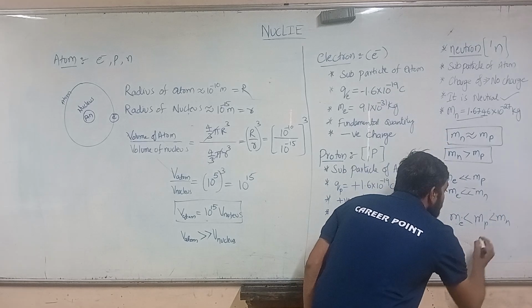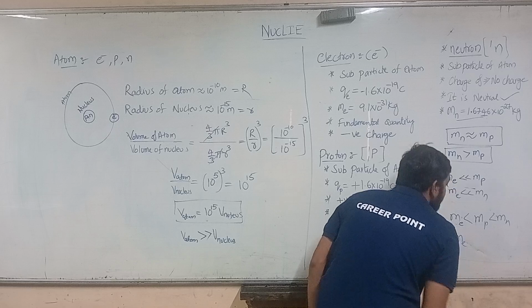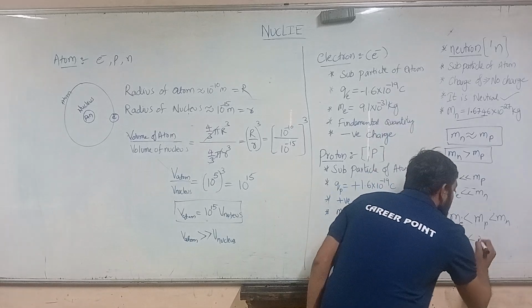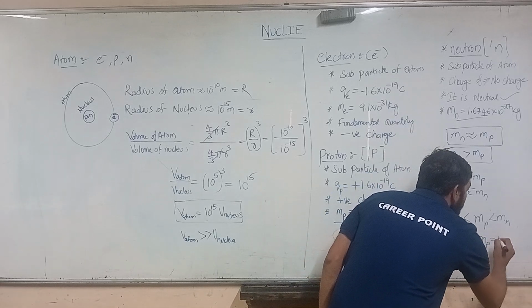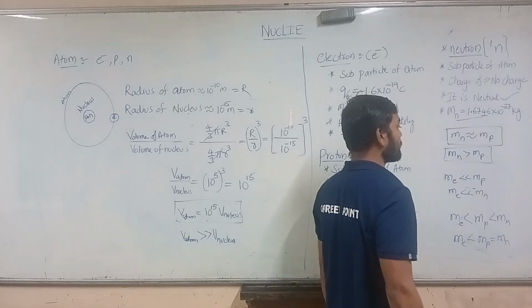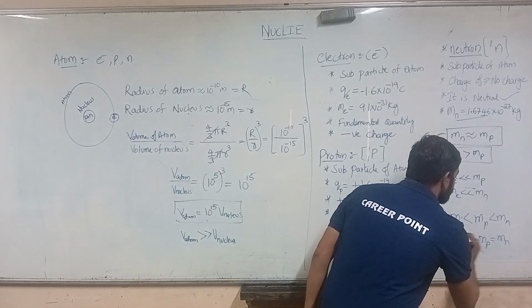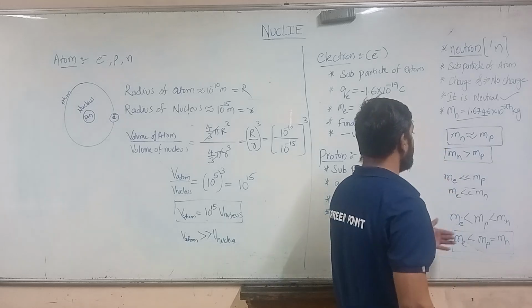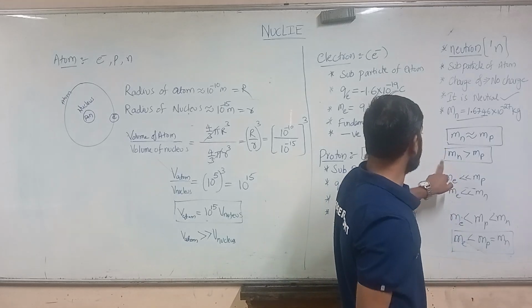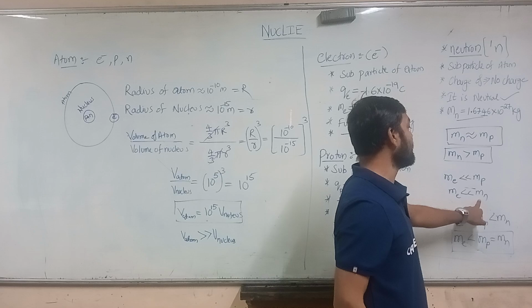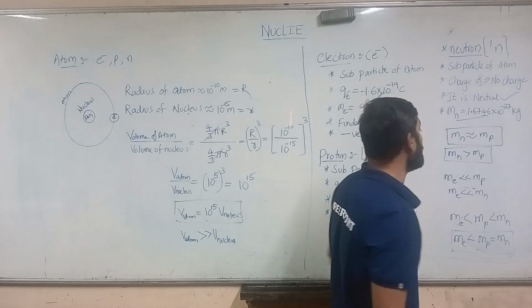In some books it will also be written as the mass of electron is less than the mass of proton, which is equal to the mass of neutron. It will be there like this also. Next, you see the mass of electron is very much less than the mass of neutron, right? So how much?